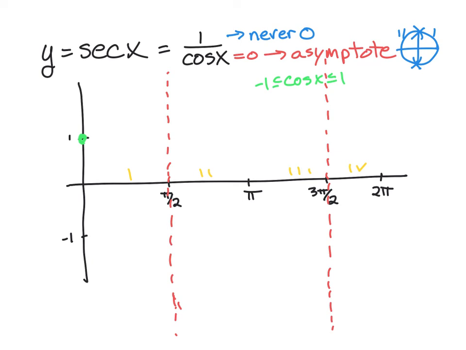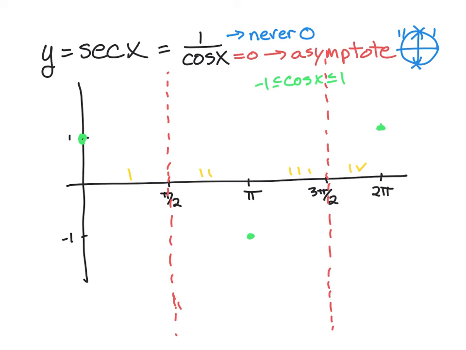Between quadrants 2 and 3, the cosine is minus 1. Flip that over, I get minus 1. And then at 2 pi, cosine is positive 1. Flip it, positive 1.